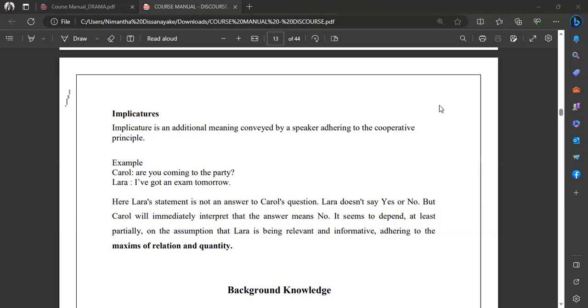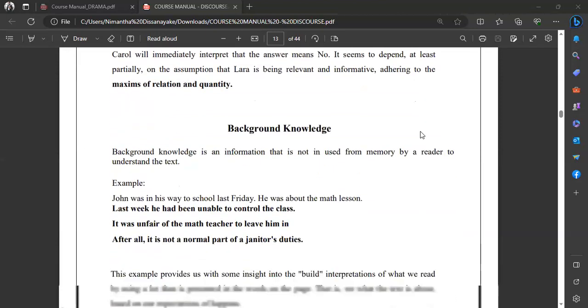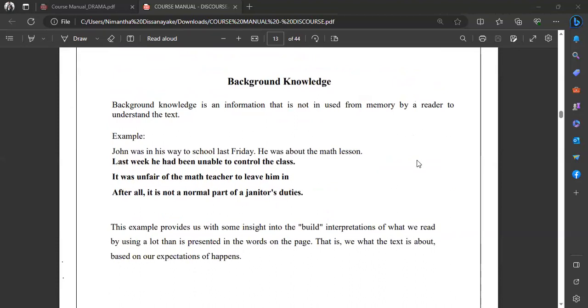Okay. Then background knowledge. Background knowledge is information that is not in the text but is used from memory by a reader to understand the text. For example, understanding the situation or the context. Now, for example, if you say, John was on his way to school last Friday. He was worried about the maths lesson.